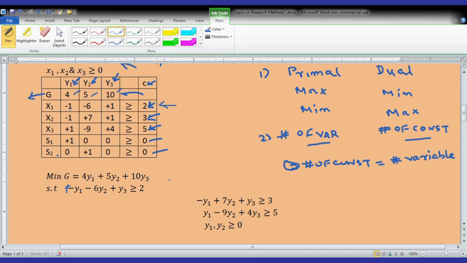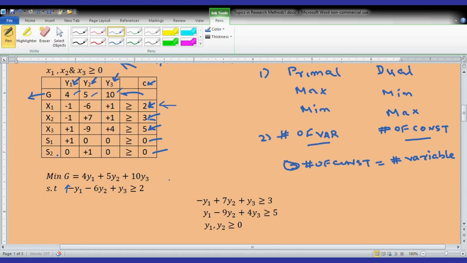This -1 means that in the first constraint -1 will be the coefficient of y1, +7 will be the coefficient of y2, and this +1 will be the coefficient of y3, and that is equal to or greater than this 3, which is the coefficient of the second variable in the maximization problem.